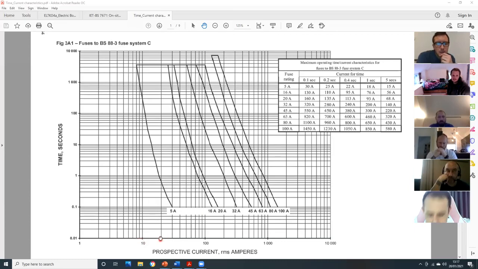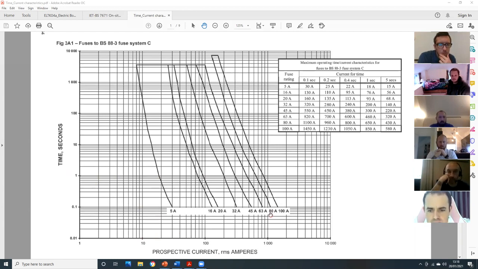If a fault current of only 20 amps flowed through it, it would take 0.1, 0.2, 0.3, 0.4, 0.5, 0.6 of a second. For it to operate in 1 second, it's going to be about 27, 28 amps. So do you see how it works?